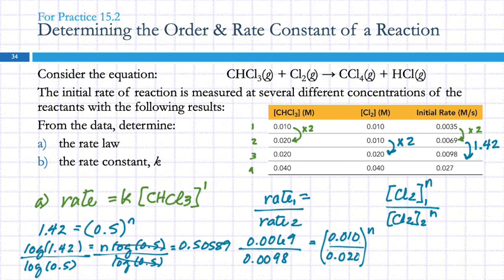Is this supposed to be rate 1 over rate 2, or is it supposed to be rate 2 over rate 1? The first slide showed that it was rate 2 over rate 1. We've been doing rate 1 over rate 2. So 0.0098 should be above 0.0069.